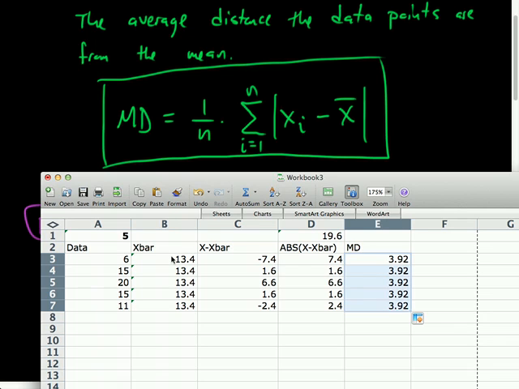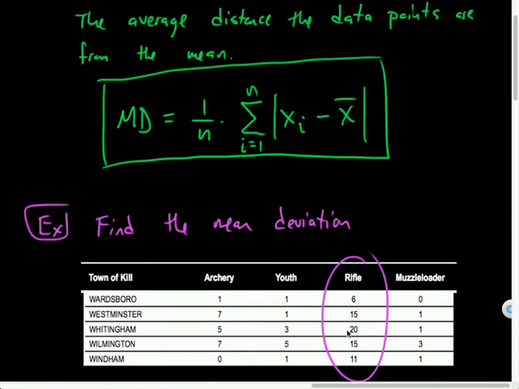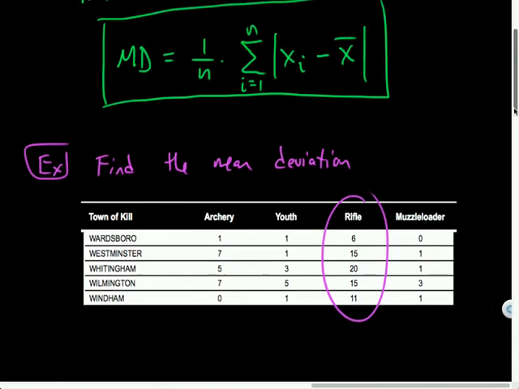It's only like on average a half a unit away in either direction. Whereas if I have a mean deviation that's like 30, I'm saying, okay, my average is 13, but my data is spread out on an average distance of 30 units away. It's really spread out. So that's what mean deviation is describing, how spread out our data is. So 3.92 would be the mean deviation of this list.